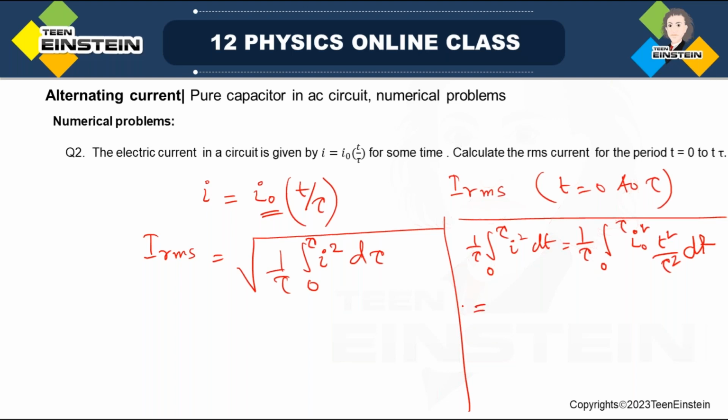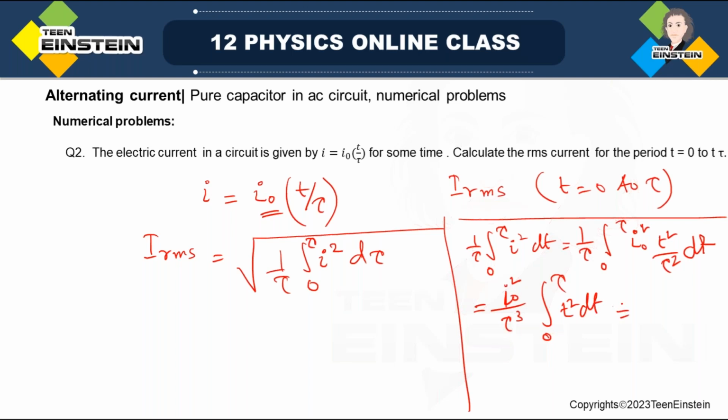Okay, look here, this tau has nothing to do with the integration, so tau cube, and then here there will be I0 square also. The only thing is that the integration will be for t square dt.